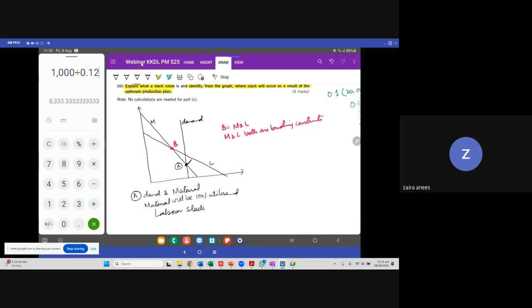And let's suppose the solution you are getting is at point C. Point C is basically made up of the y-axis and labor. Since this material line is outside the point, material is in slack and labor is the binding constraint.